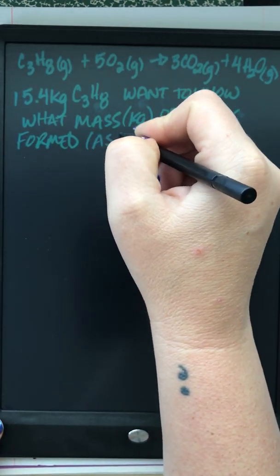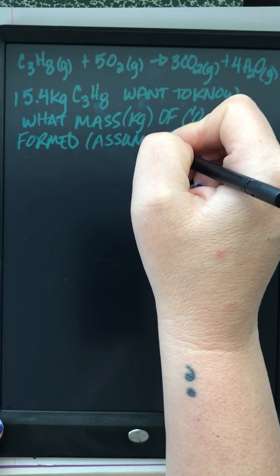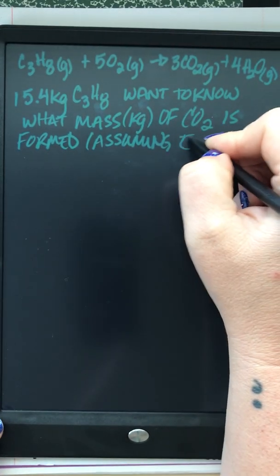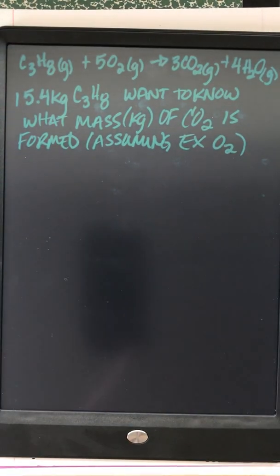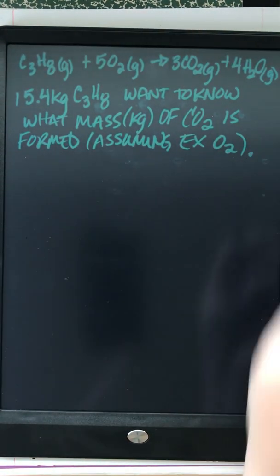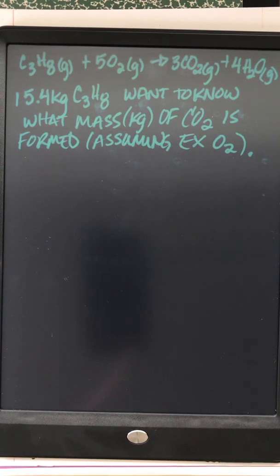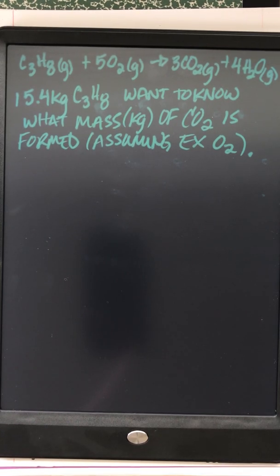So we're assuming excess O2, right? So why is it important that that second part is put in there? Why is it important to know that oxygen is in excess?